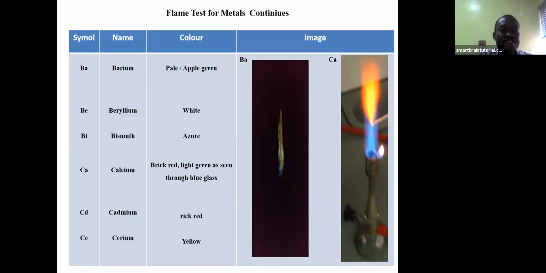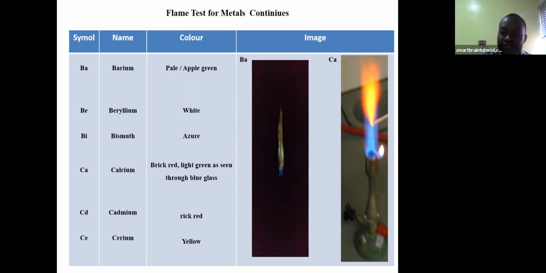Next, we'll see barium. Barium will give you pale and apple green. Now it's either pale green mixed with apple green. Then beryllium will give white.